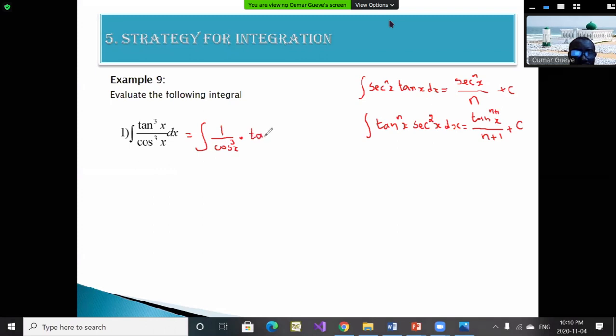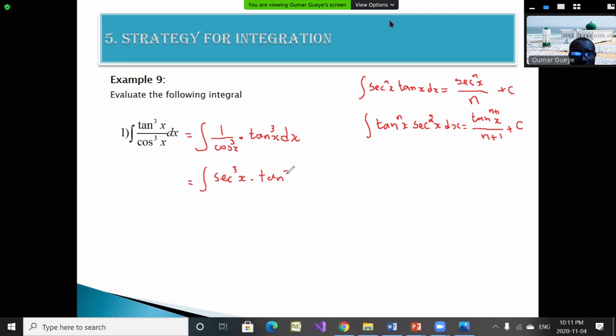Because I'm trying to get one of these two formulas. And you know, 1 over cosine is equal to secant. This is what I told you: try just to simplify your integrand because what you have here, you don't know how to integrate. So it's going to be secant cube x times tan cube x.